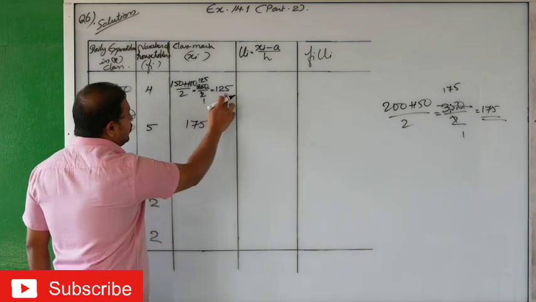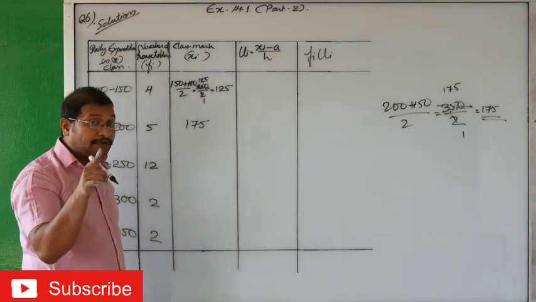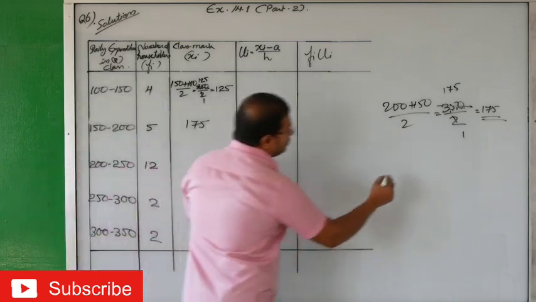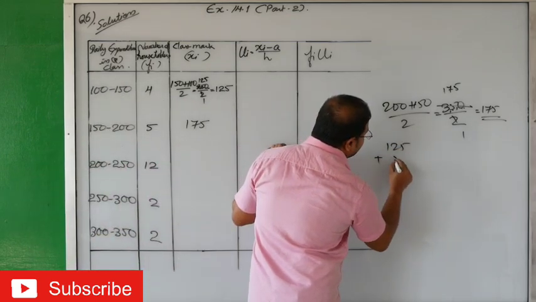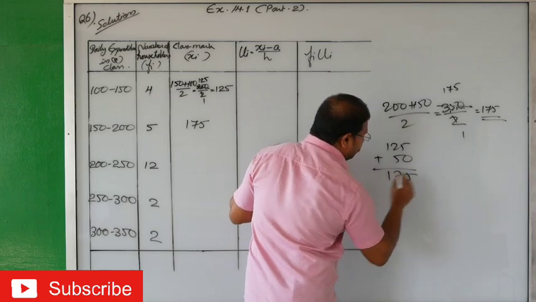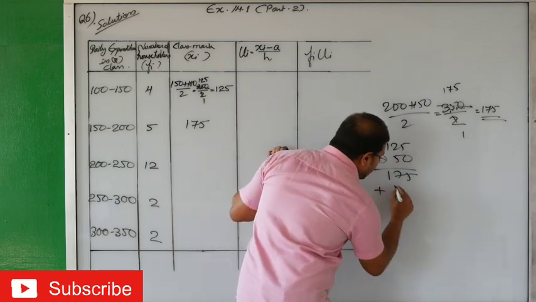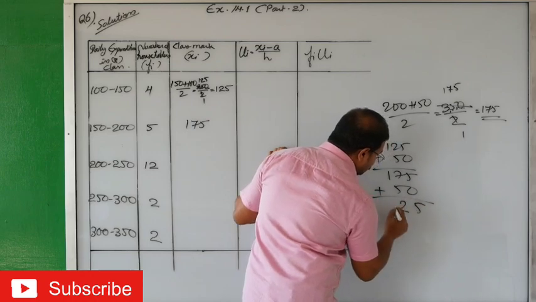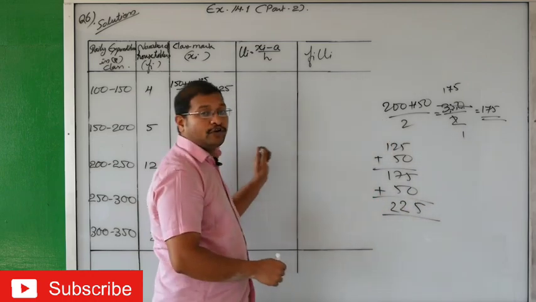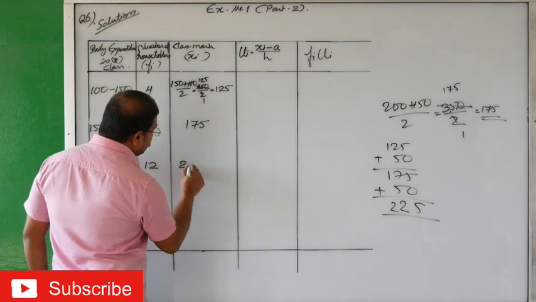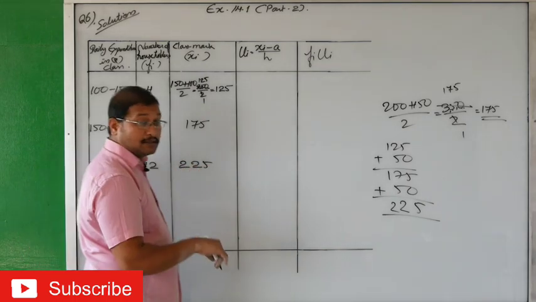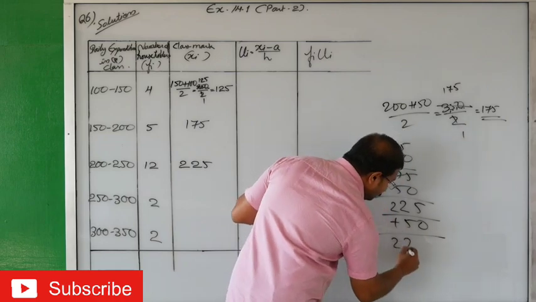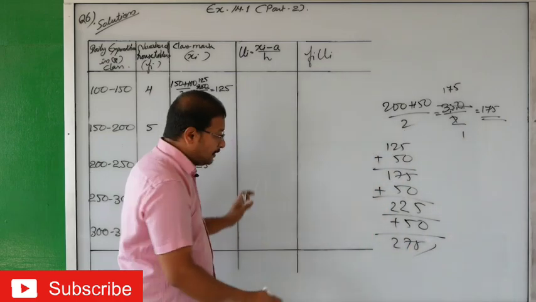See, 125 plus how much will you get 175? 50, isn't it? 125 plus 50, we got 175. Plus 50, what will you get? 225. So the next will be 225. Again the next one, what will you do? Plus 50. What will you get? 275. Ready?